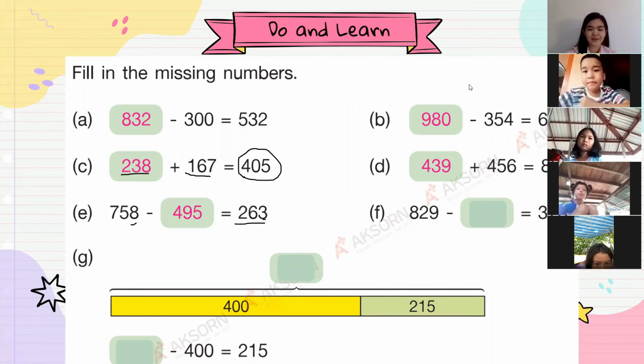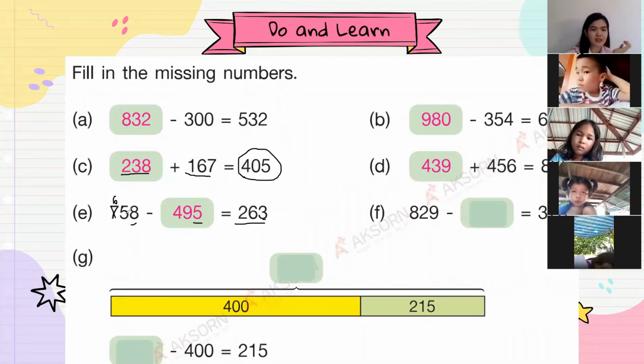And so you will write 5 here. 5 minus 6. How about 5 minus 6? You can't minus 5 to 6, right? Because 5 is smaller. So you're going to borrow from 7. So this one will be 15.